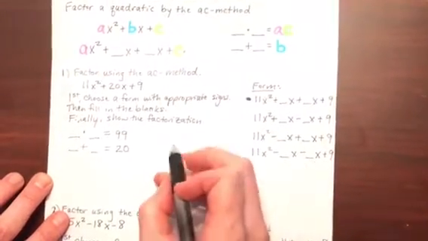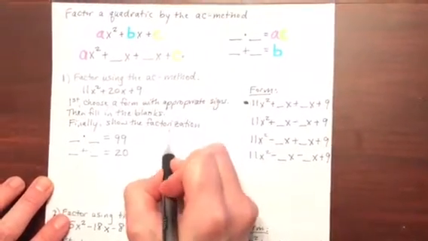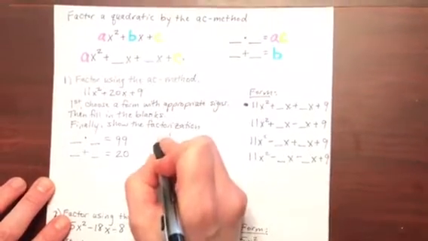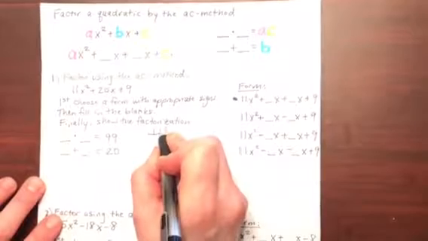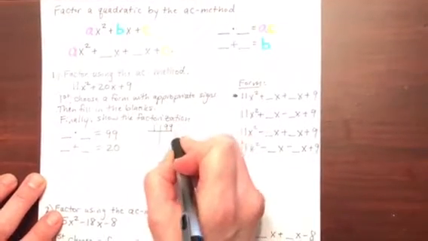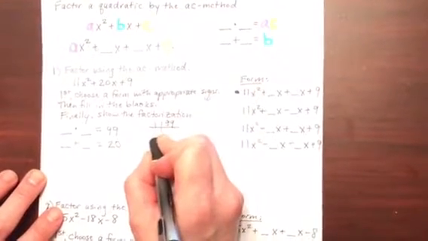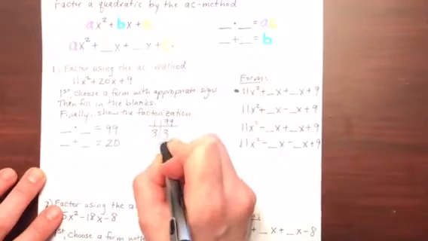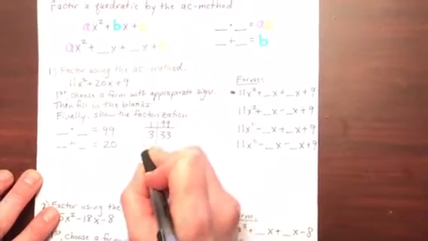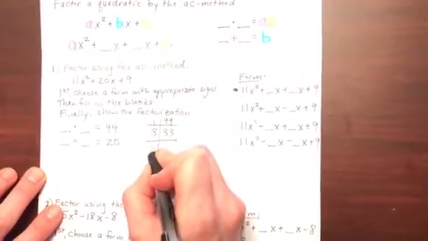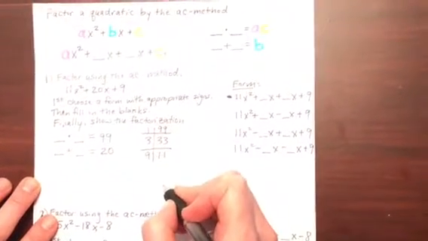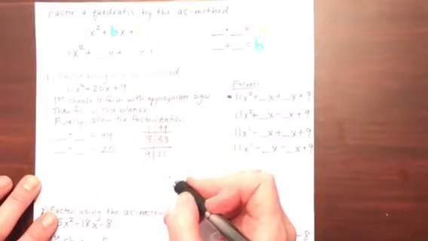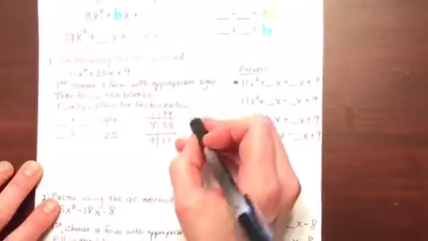Okay, so let's think about the possibilities of the numbers. So two different numbers that we could use. We could use 1 times 99, would be 99. We could use 3 times 33, or we could use 9 times 11, and those are the only choices. Let's see what those numbers add up to.